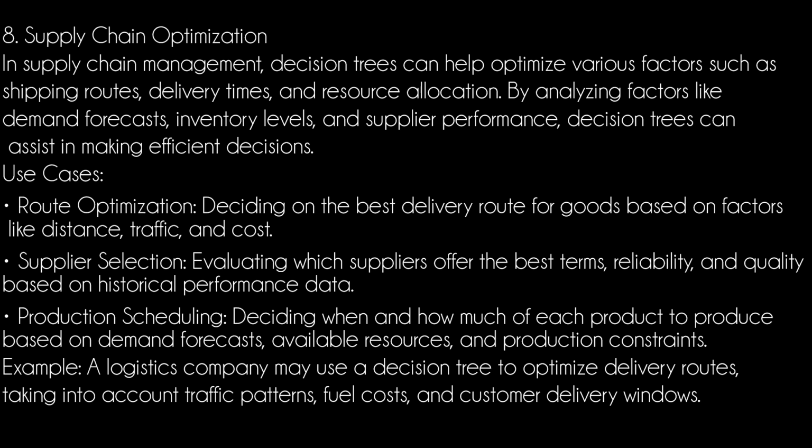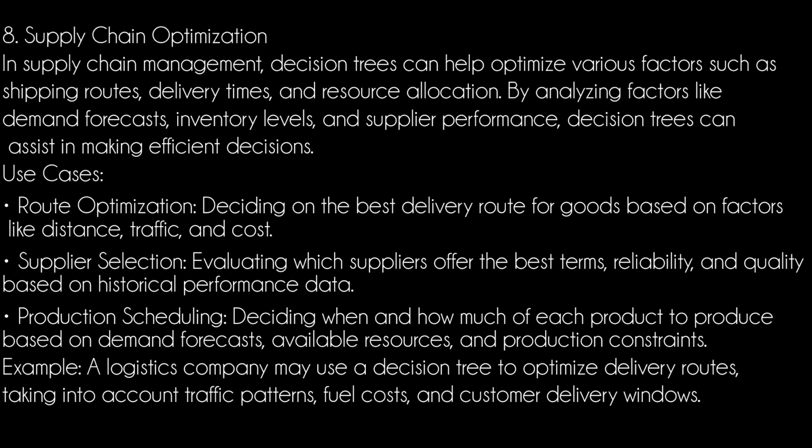Supply chain optimization. In supply chain management, decision trees can help optimize various factors such as shipping routes, delivery times, and resource allocation. By analyzing factors like demand forecast, inventory levels, and supplier performance, decision trees can assist in making efficient decisions.